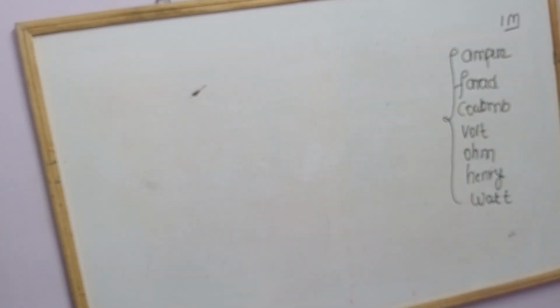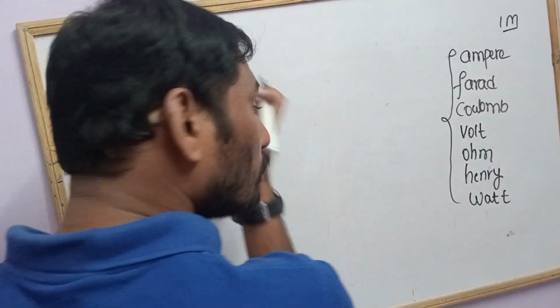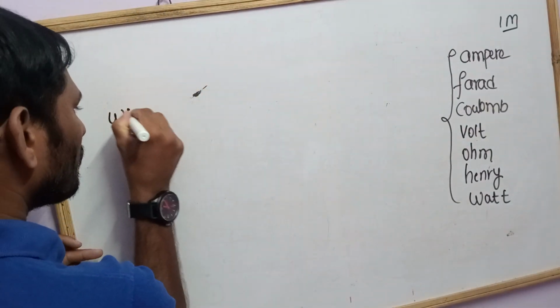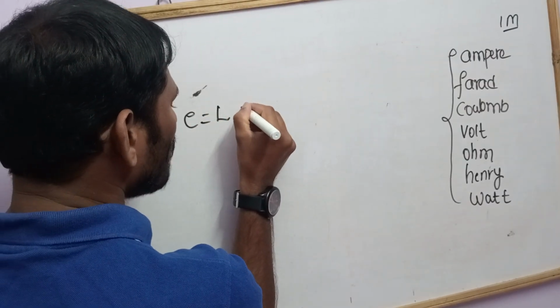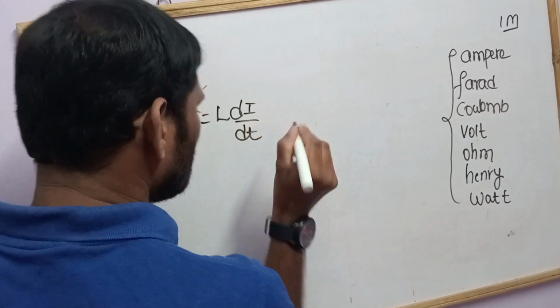So I will just define that 1 Henry related to this topic. 1 Henry, how to define that 1 Henry with related to both self-inductance and mutual inductance. We know that small letter e is equal to L times of di divided by dt.